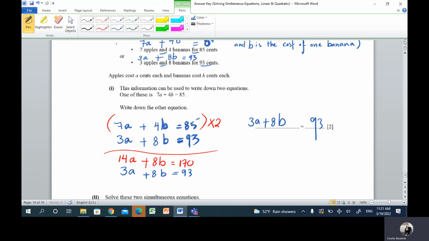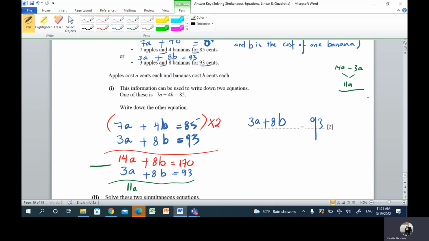In order to get rid of B, we're going to subtract the two equations as follows. So you're going to say 14A minus 3A, the answer will be 11A. So we're going to write it here, 11A.